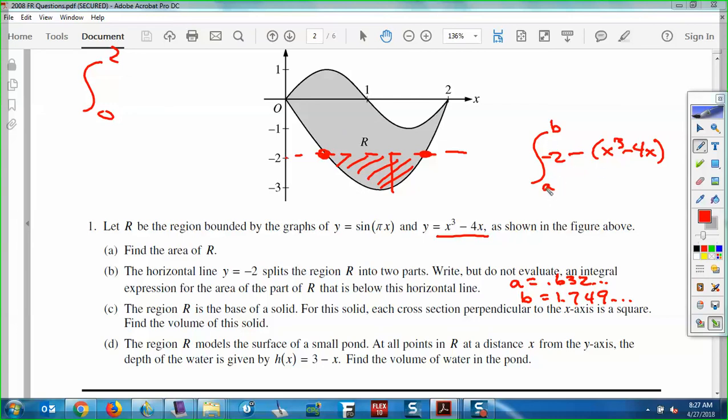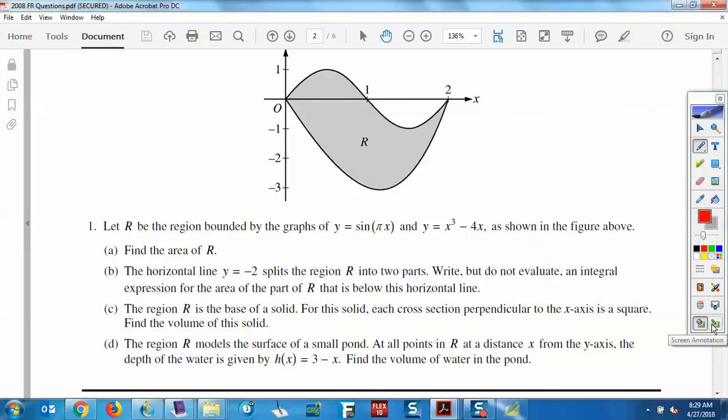Then when you set up your integral, you can just go integral from A to B. When you type into your calculator, you should type a whole bunch of decimal places, 5 or 6 or 7. They even recommend storing that long decimal as an A, storing it as a B, and then you just type the integral from A to B. As long as you type it to 6 decimal places or so, you should be fine. So that's not too tough.